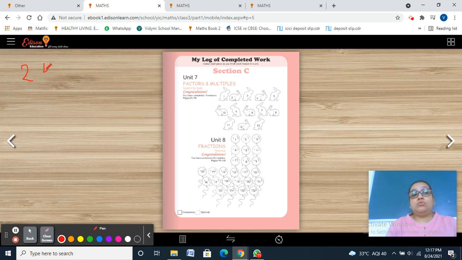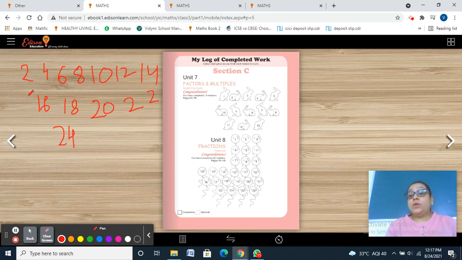So we always take the table of 2. 2 ones are 2, 2 twos are 4, 2 threes are 6, 2 fours are 8, 2 fives are 10, 2 sixes are 12, then 14, then 16, then 18, then 20, then 22, then 24. All these numbers are the numbers which come in the table of 2.